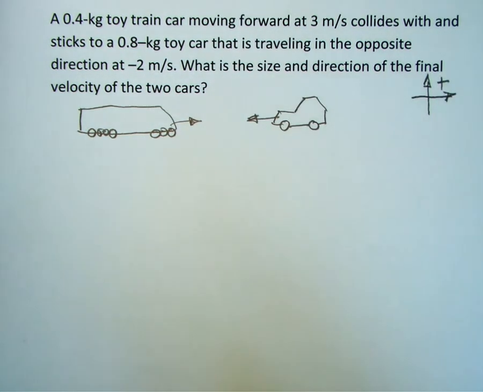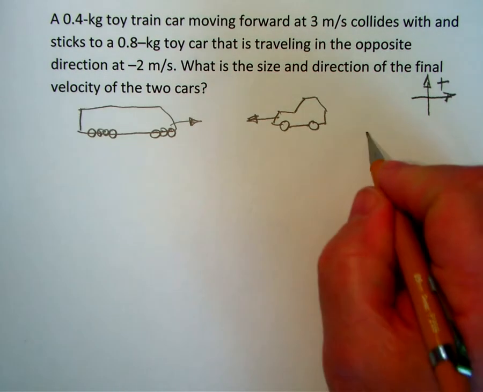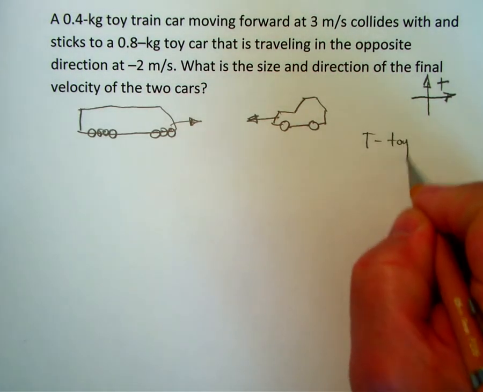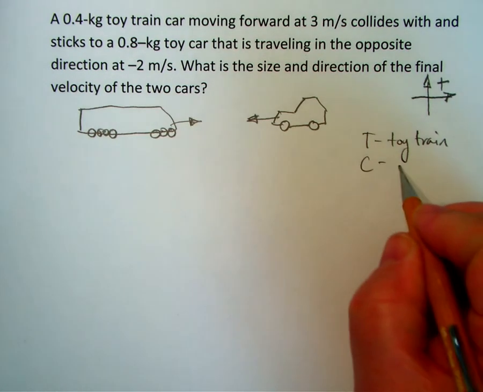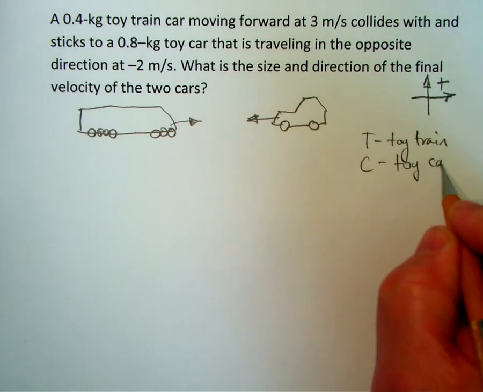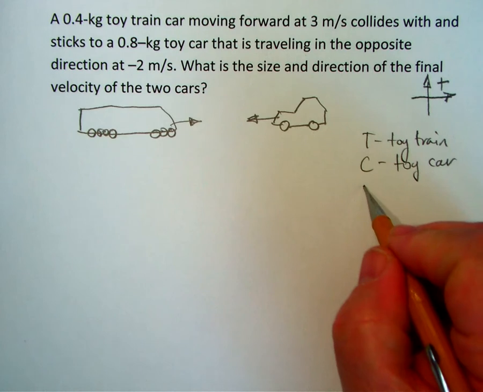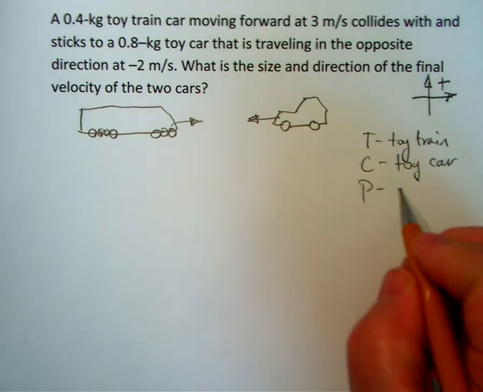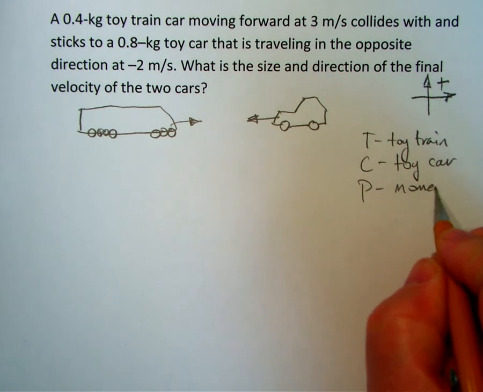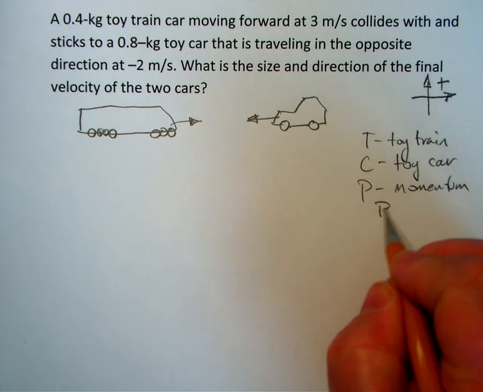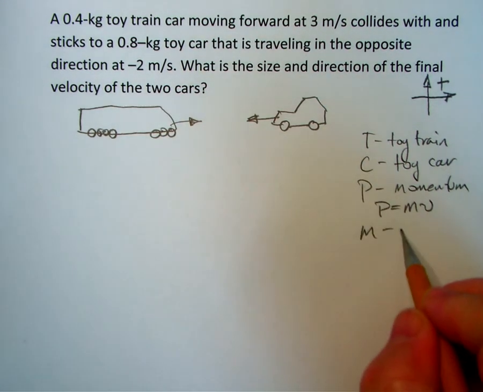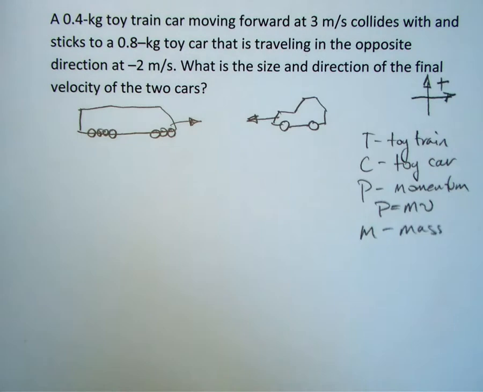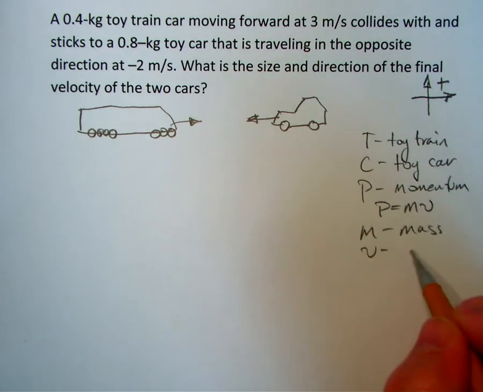and communicate that with our reader. Okay, so we're dealing with a toy train and a toy car. Of course, we're dealing with momentum, so we'll go ahead and define momentum. That's mass times velocity. We have to make sure everyone understands that mass is m and velocity is v.